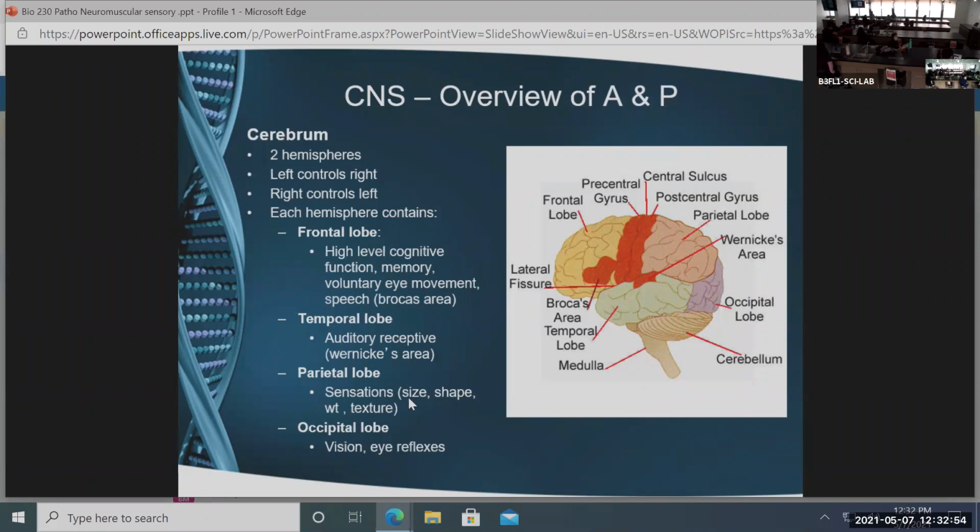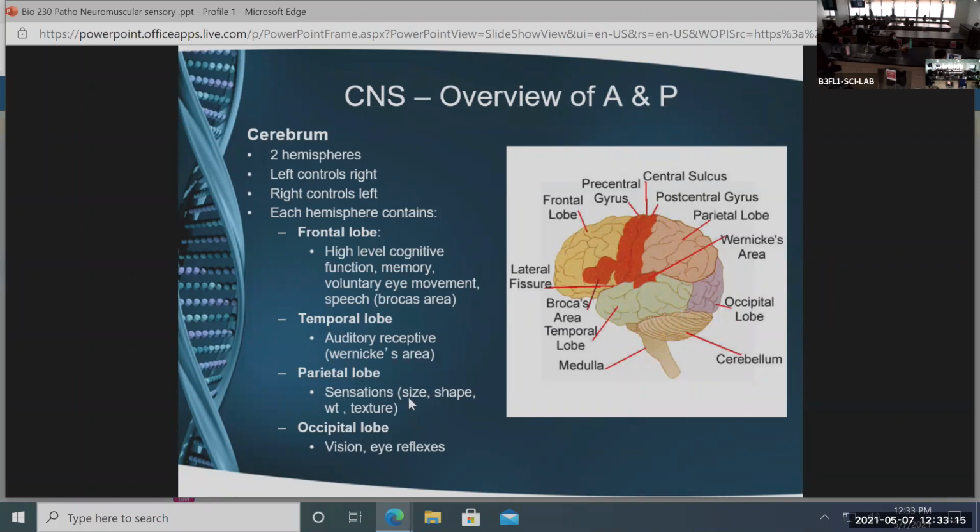Temporal lobe, we do have the auditory area, the main hearing area. And then we do have Wernicke's area. What is Wernicke's area? Language comprehension. Sensory speech area called Wernicke's.